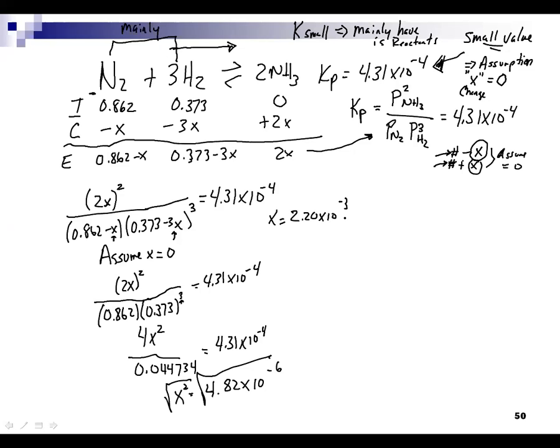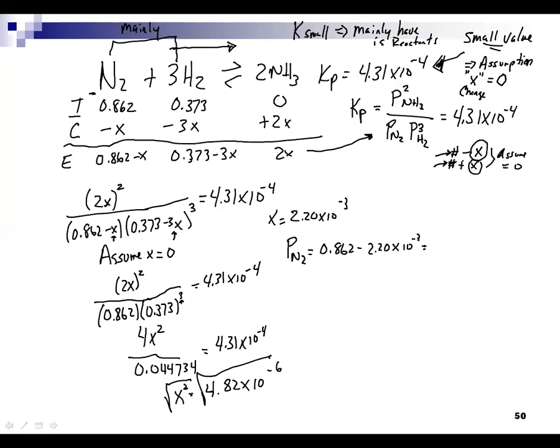Okay, now that we have our x value, just like we've done before, we can put that x value back into each of our equilibriums. And in this case, again, we're solving for pressure. So the pressure of N2 would equal 0.862 minus 2.20 times 10 to the minus 3.